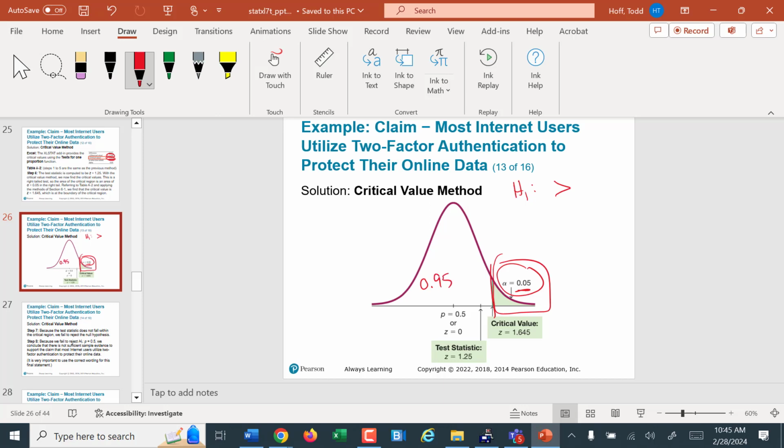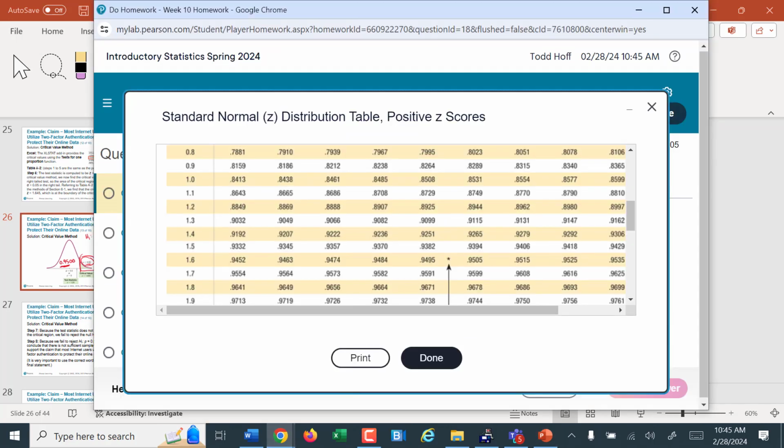So 1 minus 0.05 would be 0.95. So we need to look up a probability that is as close as possible to 0.95. The table goes to 4 decimals, so 0.9500, and look at the corresponding z-score. So looking at this table here, I have 0.9495 and 0.9505.